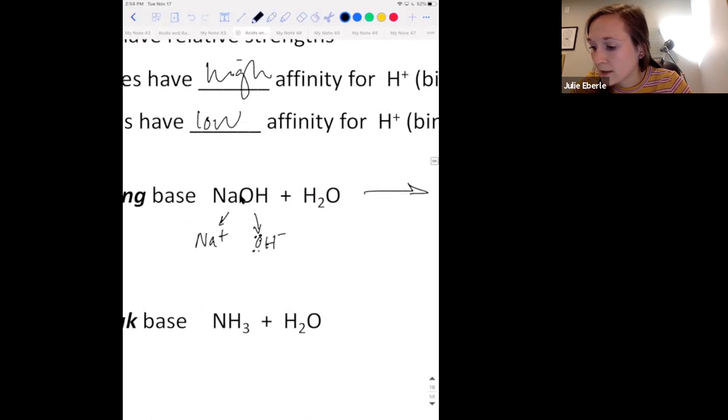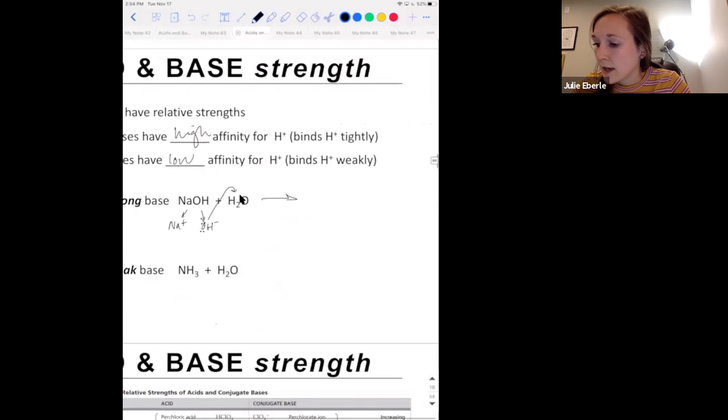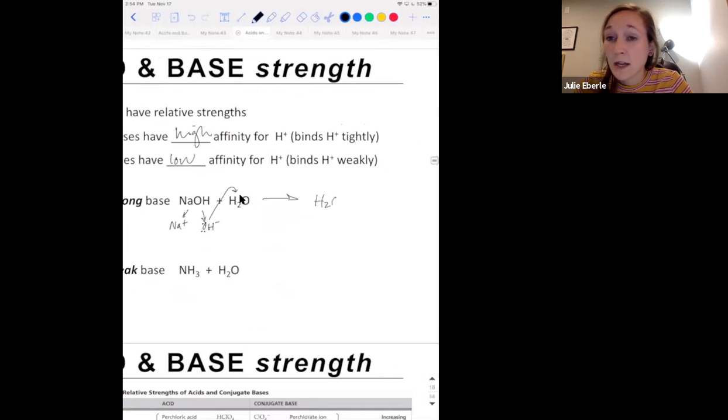Remember, you got to have a lone pair to be a base. The lone pairs are going to grab off one of these hydrogens from water, and that's going to, sounds redundant, but it's going to remake water. And then what's left over from water is OH minus, and we'll also have some sodium cations floating around. Okay, so we'll get all products.